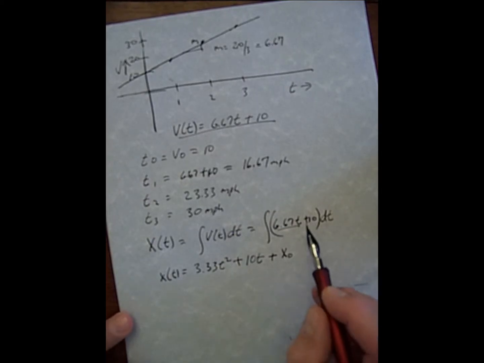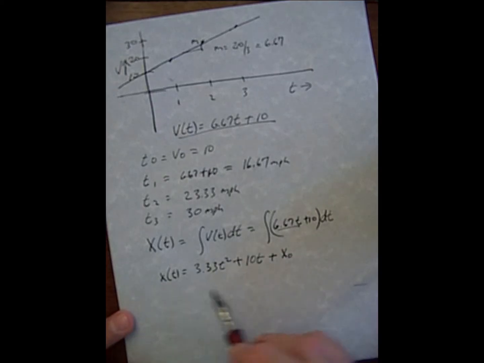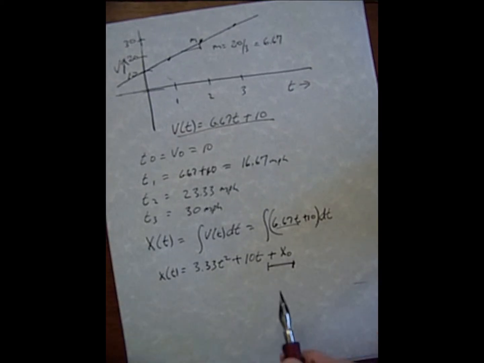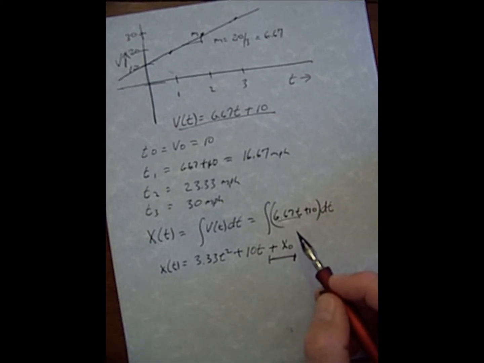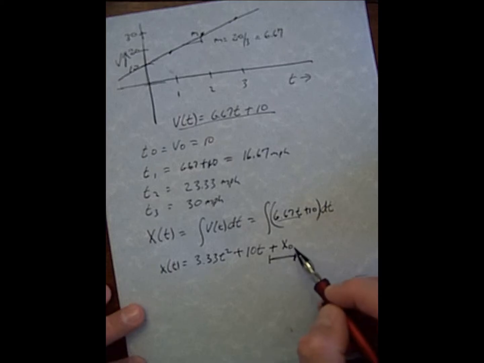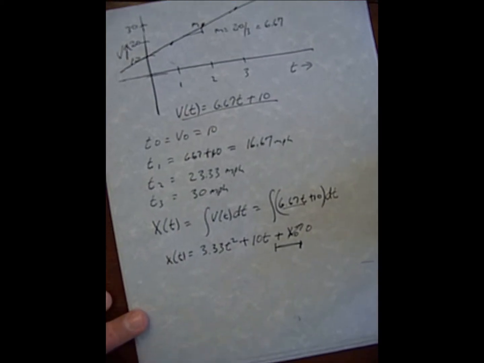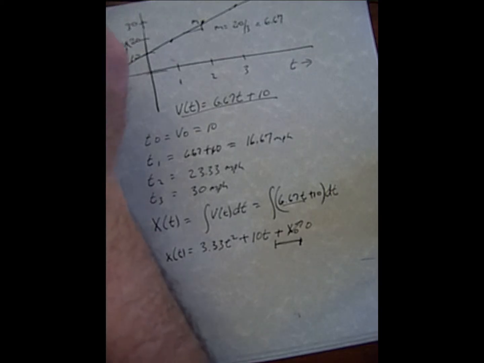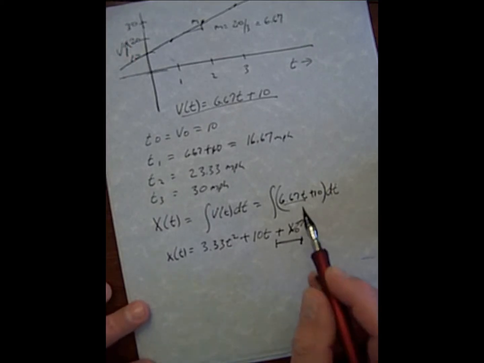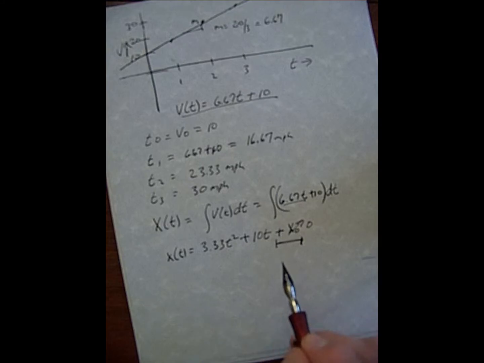So anytime you do an integral, there's always the addition of a constant, because you never know where you were when you started this. In our case, we're going to say we started at 0, so x of 0 actually is 0, and we won't worry about it. But just as a general case, you always add a constant to your integrated value.